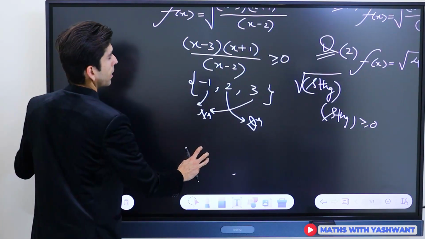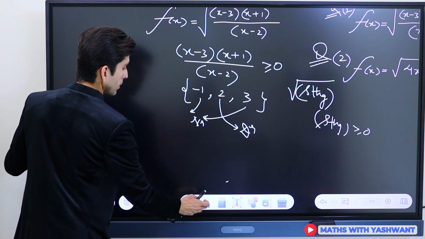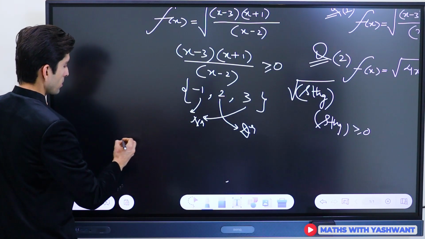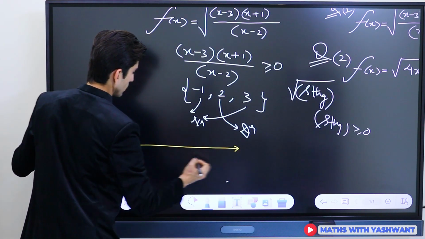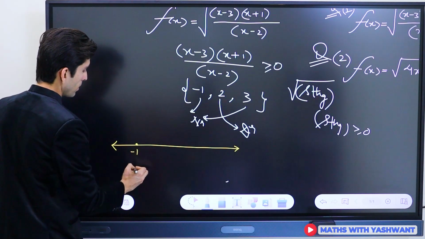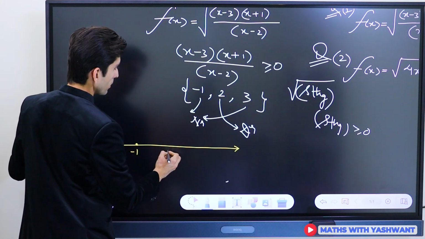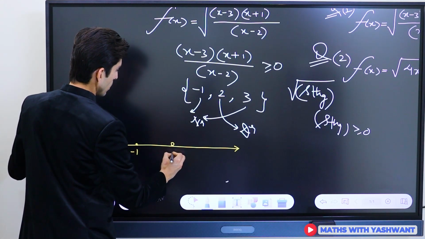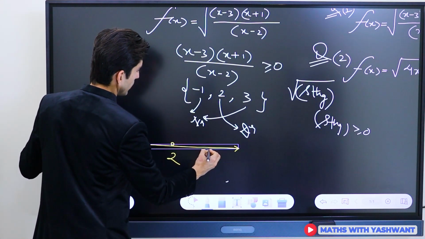Now we draw the number line and arrange the critical points in ascending order. So we mark -1, then we mark 2, and then we mark 3.